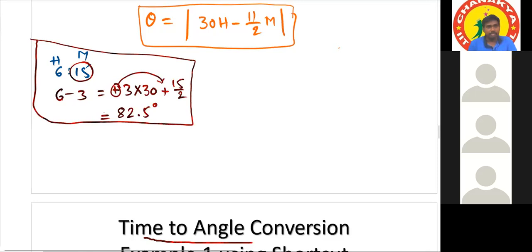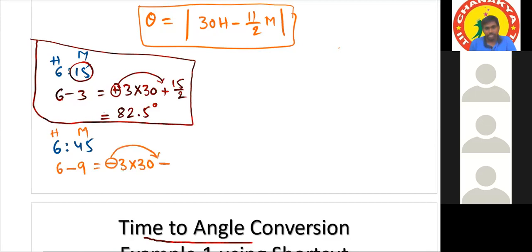Give any time of your choice. Sir, 6:45. Again, it is 6 only. Okay, 6:45. Here 6 represents hours and 45 represents minutes. Hour hand is on number 6. Minute hand is on number 9. 6 minus 9 is how much? Minus 3. 3 into 30, but minus later.